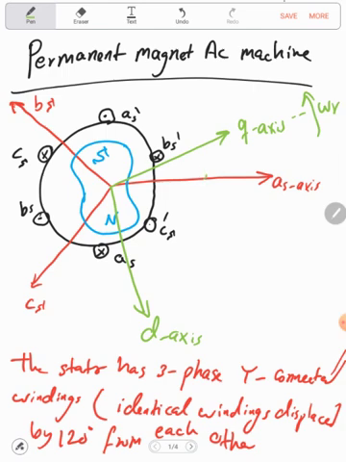So simply the angle from here to here is theta r, and we know that theta r can be written as the integration of omega r d tau plus theta r of 0, and theta r of 0 is the initial rotor position.